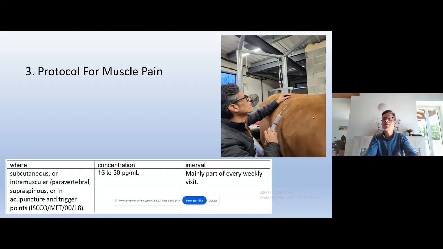So I think it's always a thing that is done. Here in the picture I'm injecting with a butterfly system for the subcutaneous injection. The animal can move, and it's quite safe and efficient to use the butterfly needles.